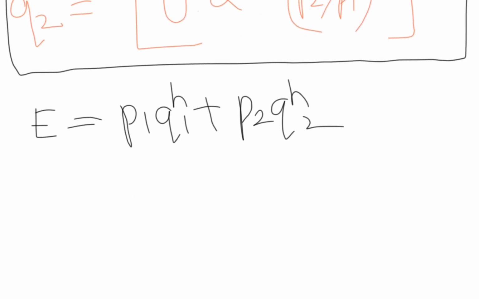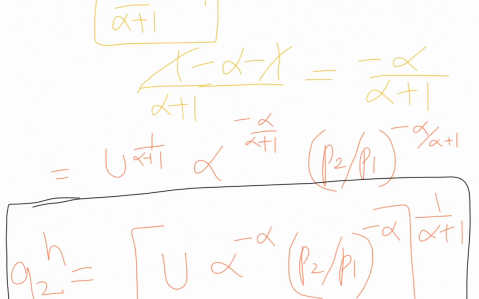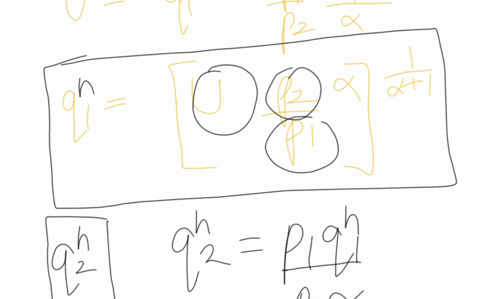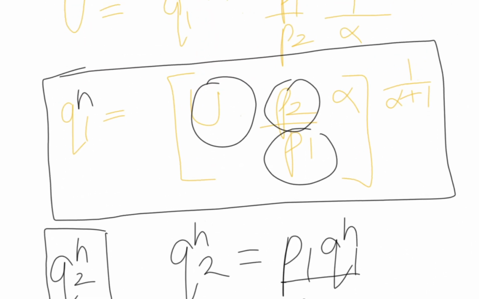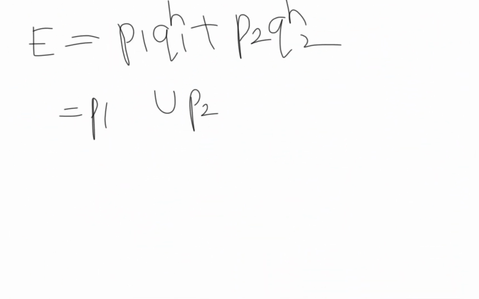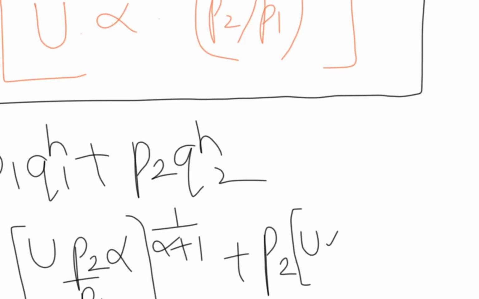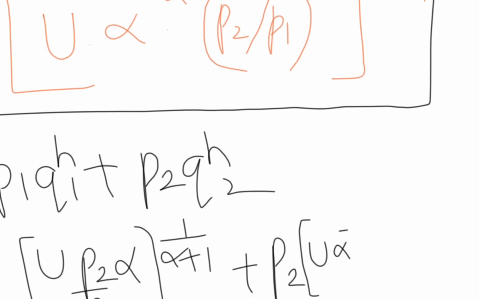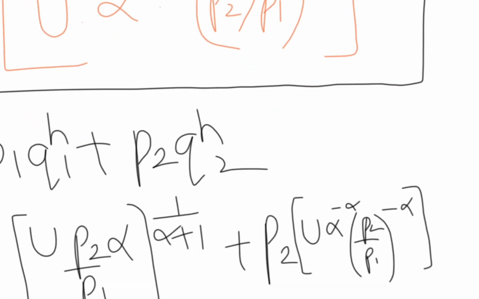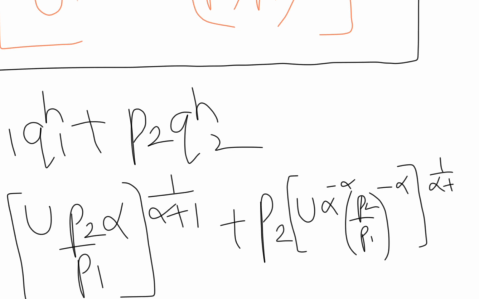The expenditure function consequently comes out to be P1 times Q1H, which is given by U P2 upon P1 alpha whole to the power 1 upon alpha plus 1, plus P2 times U alpha, this is raised to power minus alpha, P2 upon P1 is also raised to the power minus alpha, and this entire thing is raised to the power 1 upon alpha plus 1.